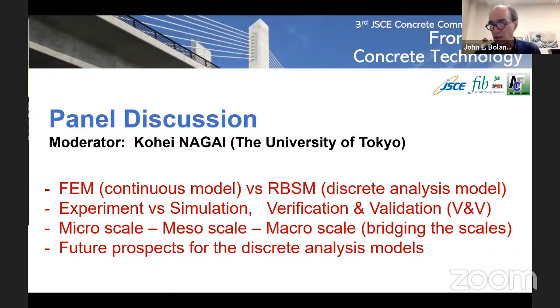And then I think what Professor Kusadis is doing is another good illustration of a multi-scale model, in that in his approach, he's bringing in the aggregates explicitly and is able to do structural scale analysis.